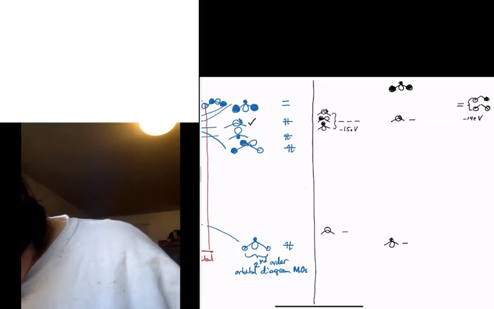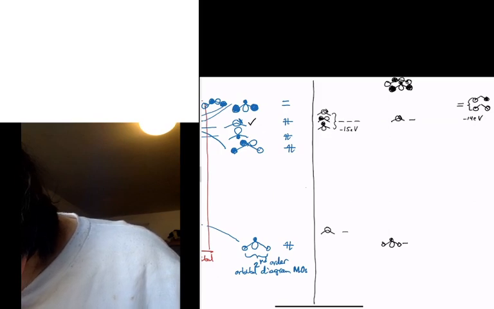It's actually not clear which one is the highest energy orbital, so I'll put this one with the highest energy in this diagram, but I'm actually not sure it's the highest. They've gone up in energy.